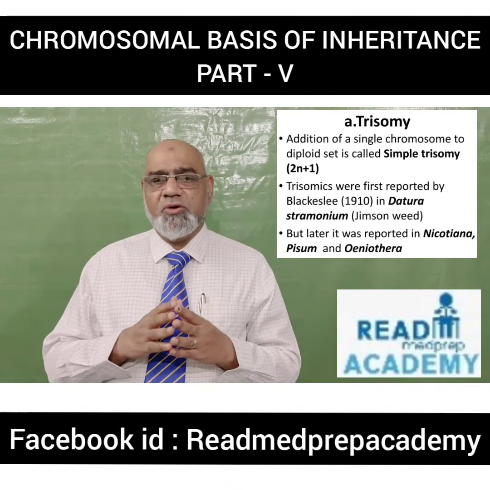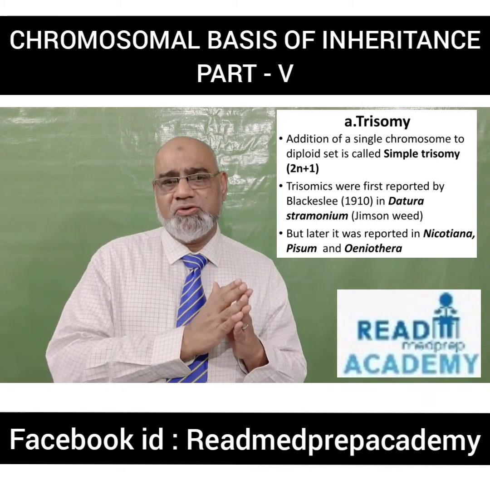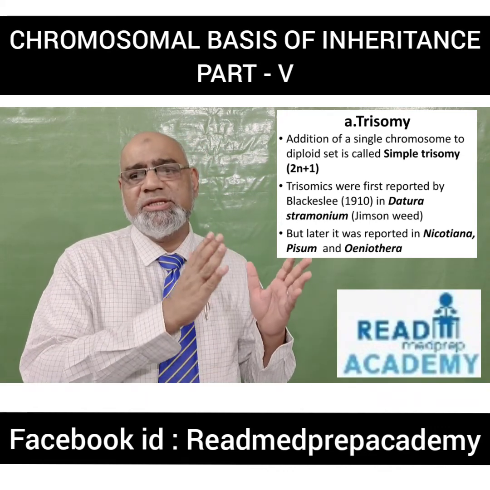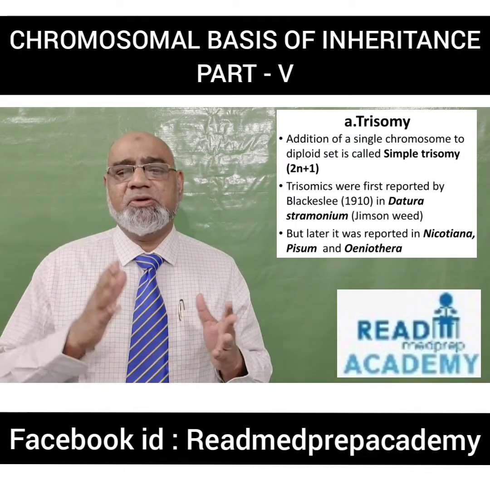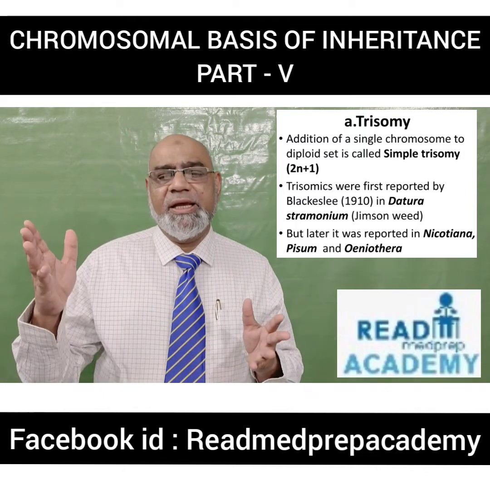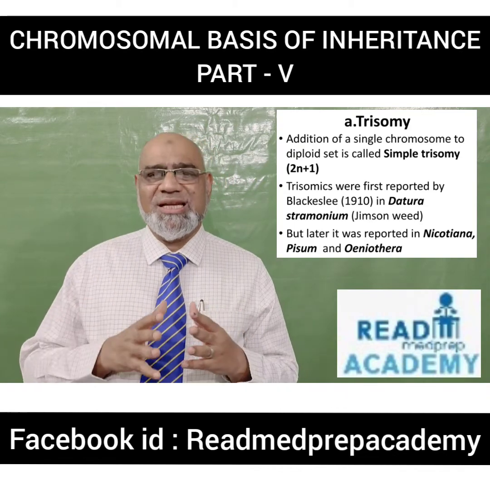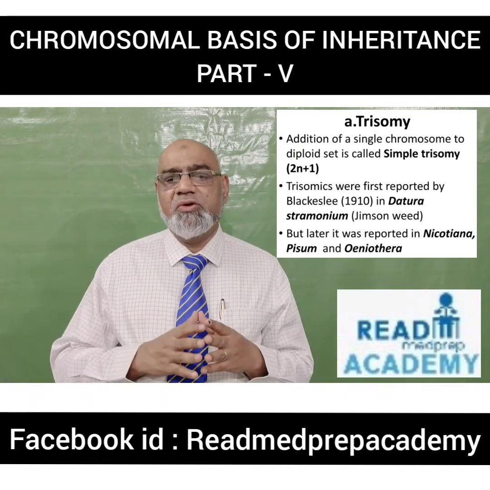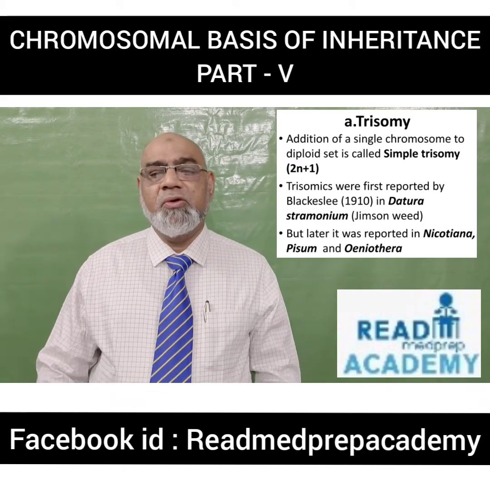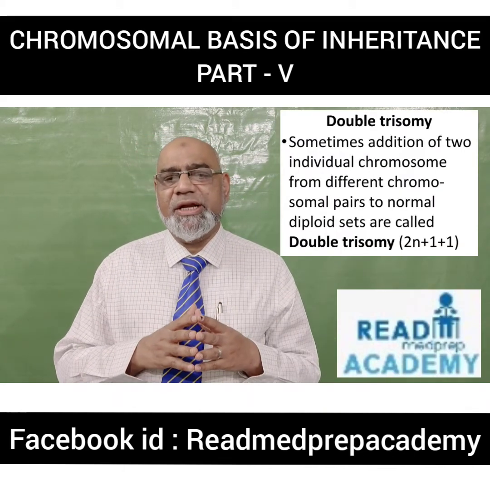Now what is trisomy? Addition of a single chromosome to a diploid set is called simple trisomy 2n plus 1. Trisomics were first reported by Blakeslee in 1910 in Datura stramonium, Jimson weed, but later it was reported in Nicotiana, Pisum and Oenothera.